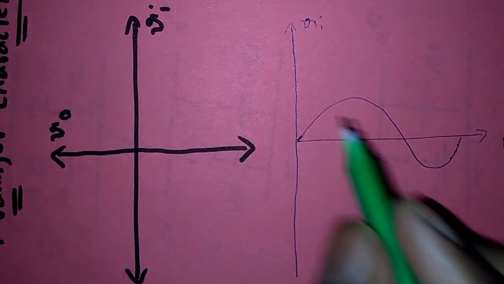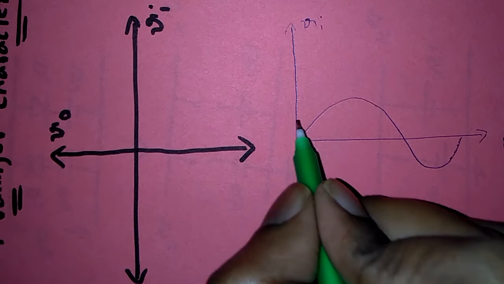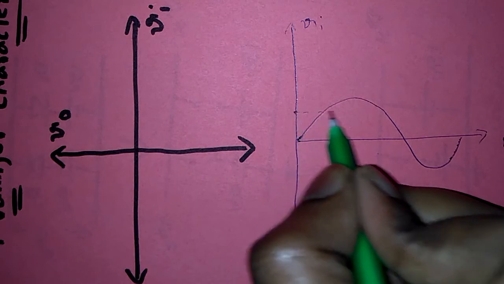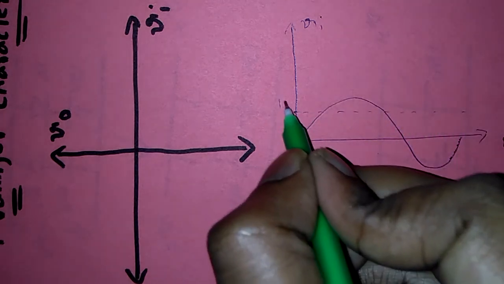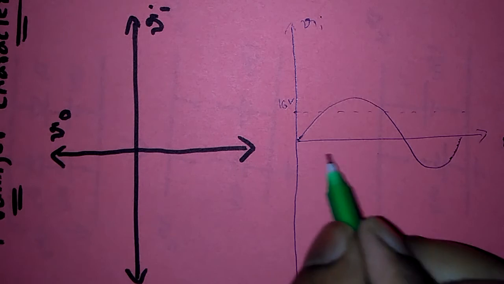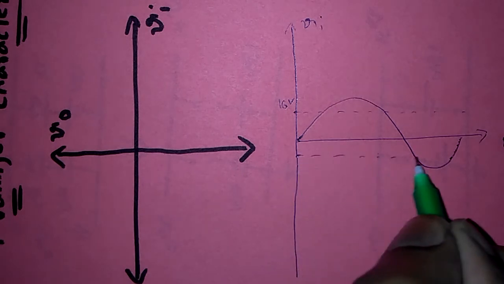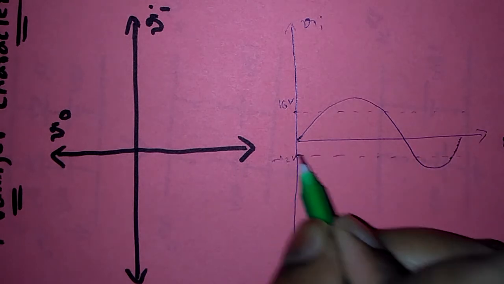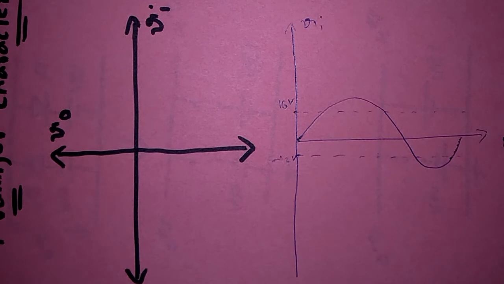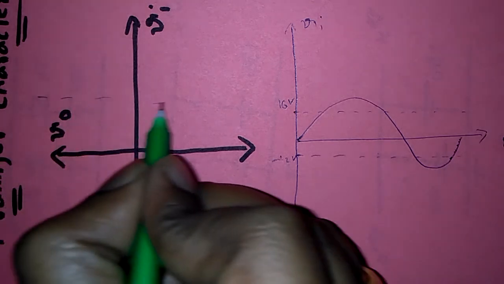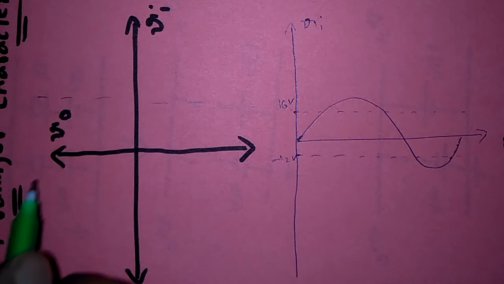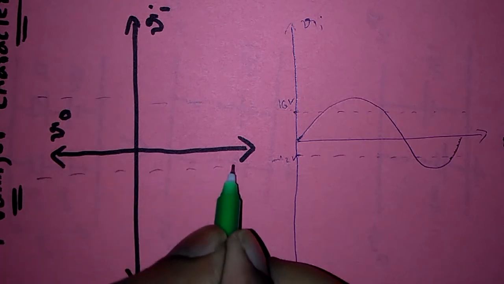The important values are not the peak values, but the reference voltages 16 volts and minus 12 volts. We know these two values only. So I will extend the same values to the x-axis of transfer characteristics like this. So on x-axis two values are more important.